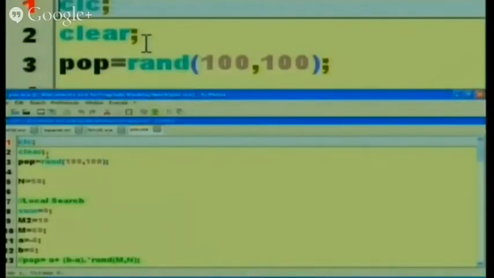Then we move to the next program, that is particle swarm optimization. I will just give you an idea of PSO, how to execute it and what it says, right?